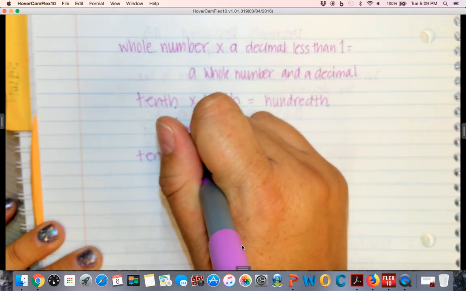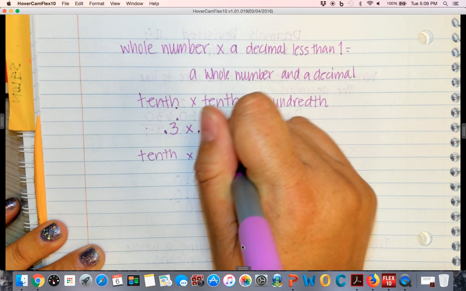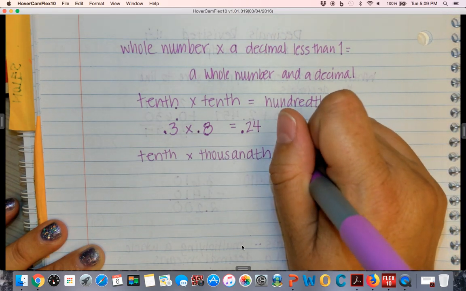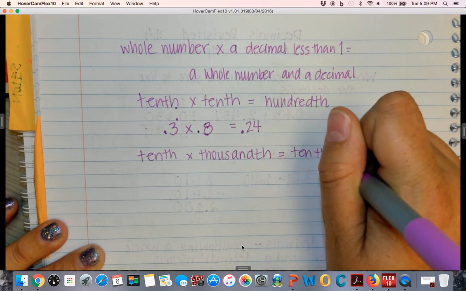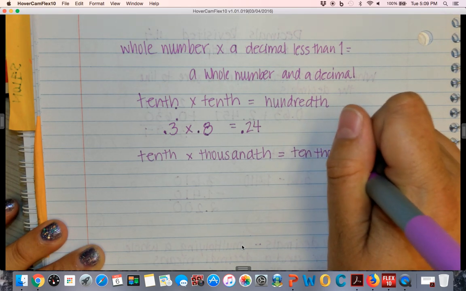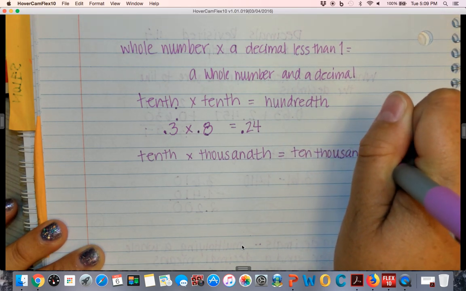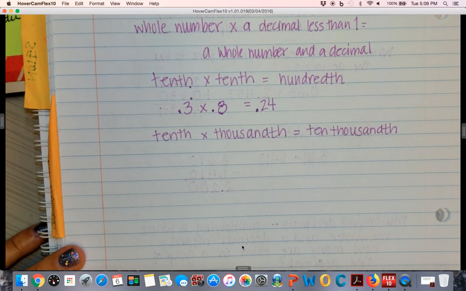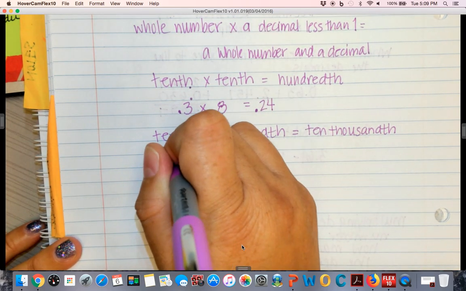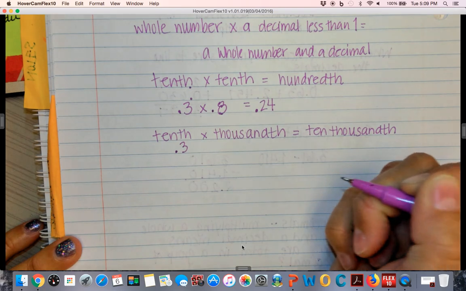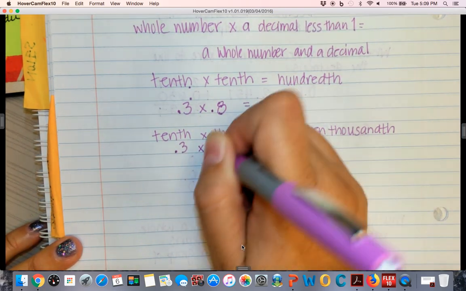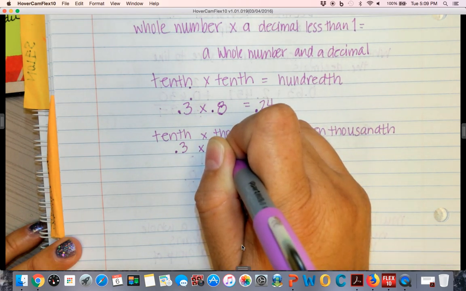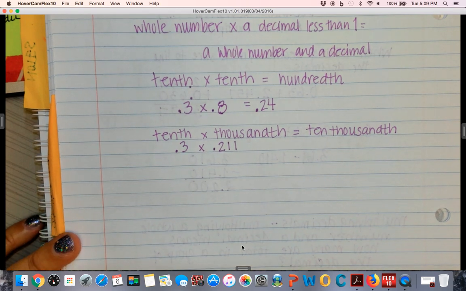A tenth times a thousandth is going to give me a ten-thousandth. And this is how you check to make sure your answer makes sense when you're doing your multiplication. So a tenth, let's use 0.3 again, times a thousandth, let's use 0.211, we'll make it easy.